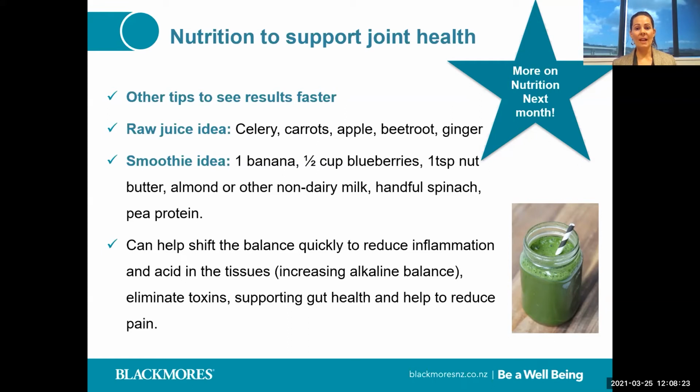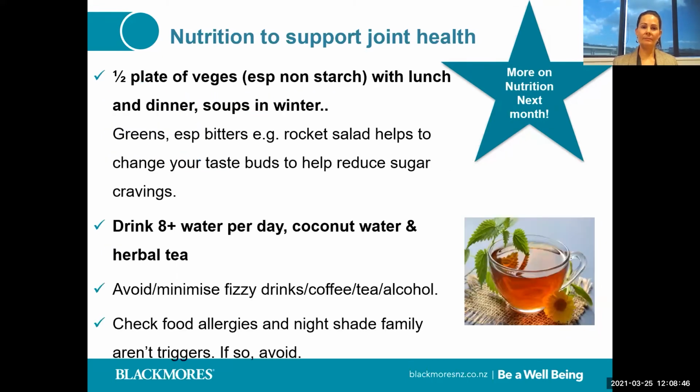For example, 1 banana, half a cup of blueberries, a teaspoon of nut butter, almond or other non-dairy milk, a handful of spinach to get your greens in easily, and pea protein for just adding some protein. This can help shift the balance quickly to reduce inflammation and acidity in the tissues, eliminate toxins, support gut health, and to reduce pain. Also helps with constipation as well, if that's a factor.